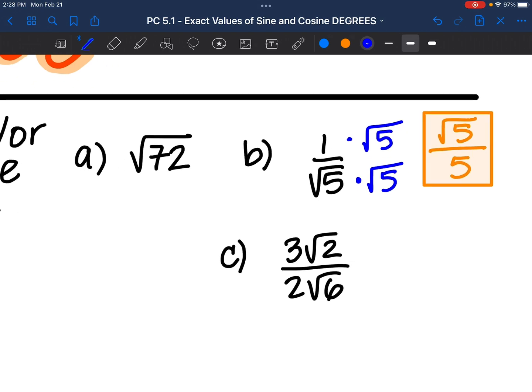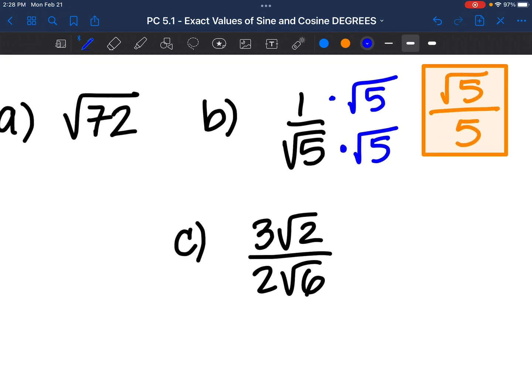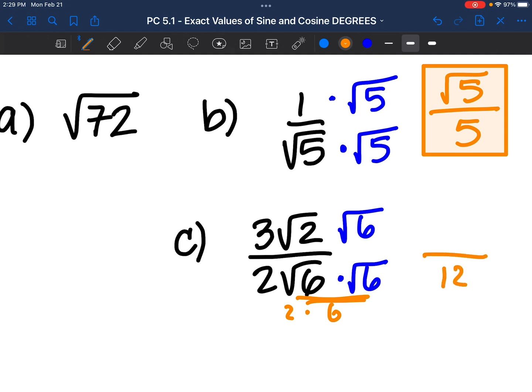On the next one, just a little bit more simplification is necessary. All I need to do is multiply by root 6, numerator and denominator. You could use 2 root 6, but it's unnecessary. We just need to get rid of that root 6. So the bottom, remember, these multiply to be root 36 or 6, so you'll get 2 times 6 in the denominator, which is 12.